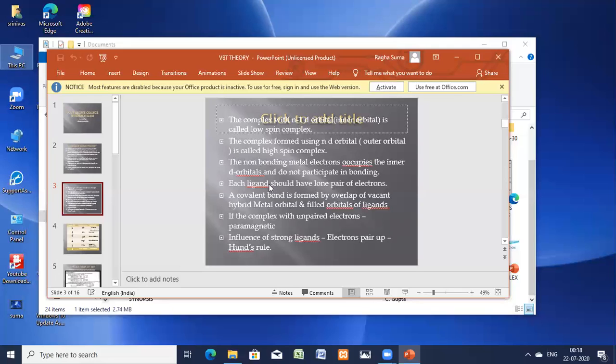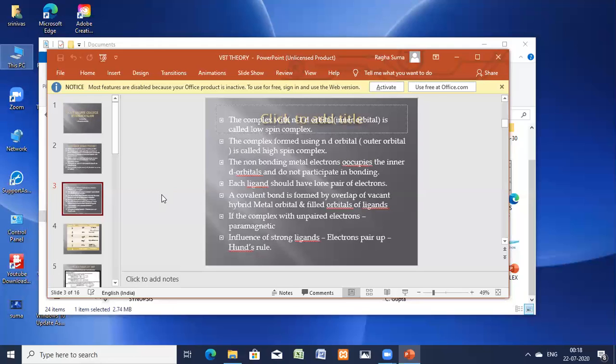Every ligand, see, for three sessions we have been saying ligand, ligand, ligand. A ligand can be a negative species or else a neutral molecule. So a ligand is the one which donates a pair of electrons. How is a complex formed? You'll have the central metal.